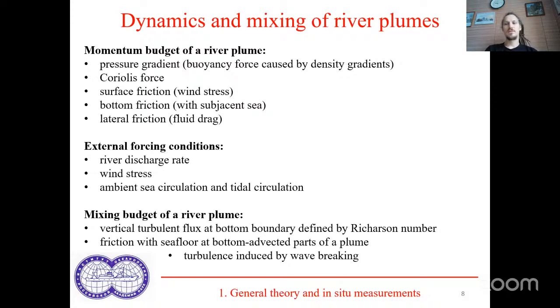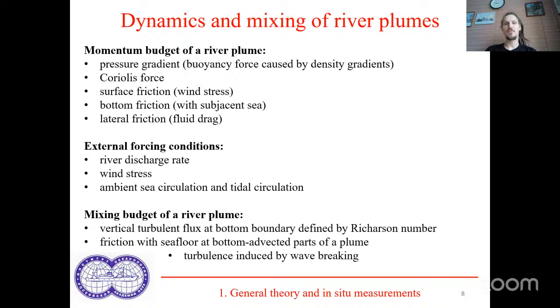The river plume is mostly surface advected, like a surface layer, and you have to calculate only the forces which affect the plume at the surface.